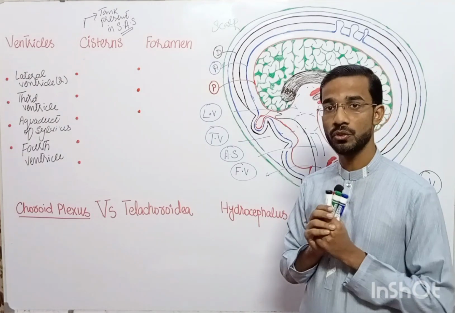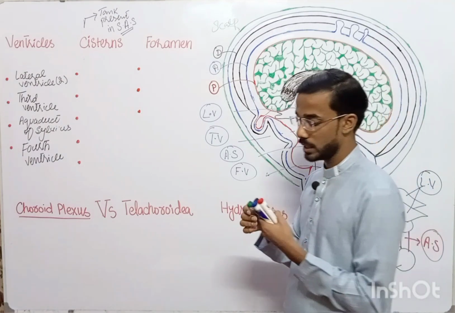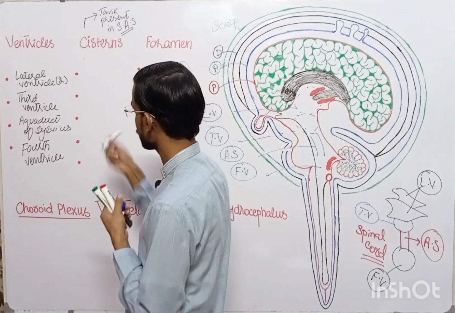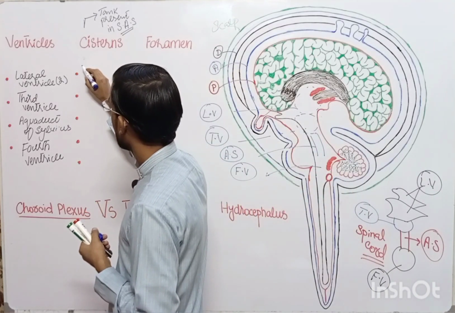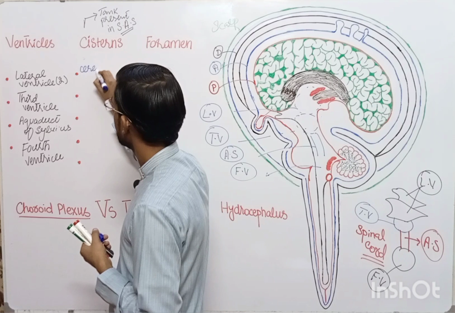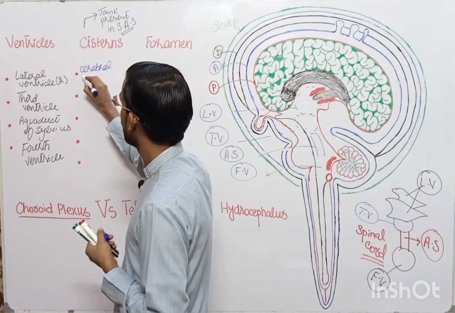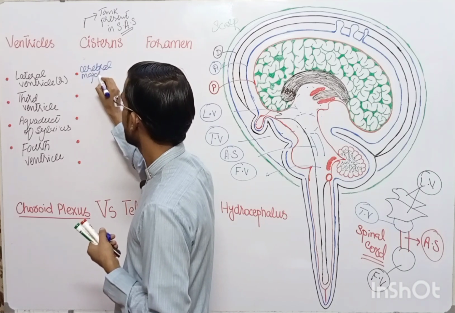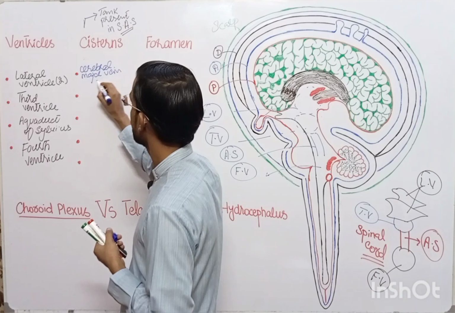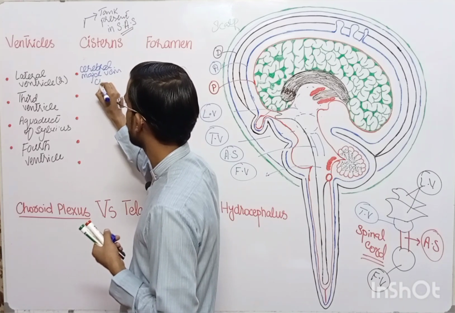So we will discuss the cisterns, and first one is the cerebral major vein cistern.